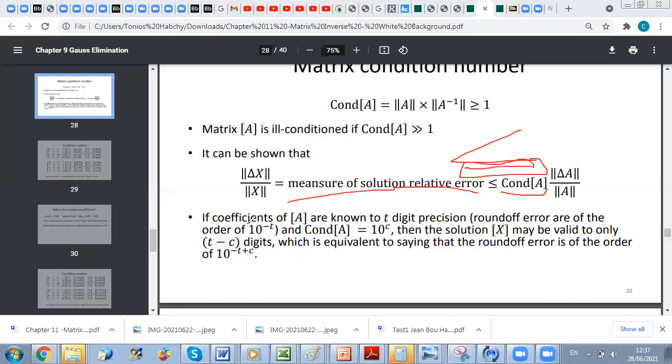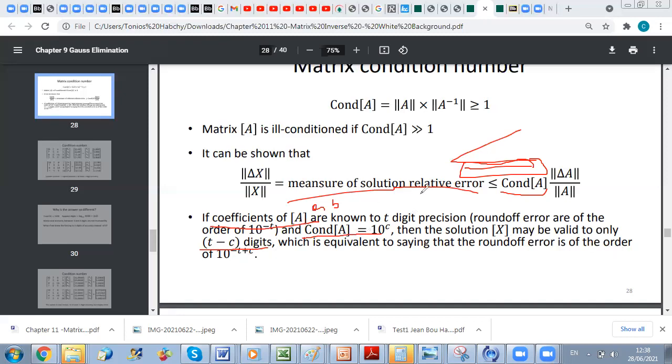So the general rule: if coefficients of A and B are known to T digit precision, so the round-off error is of the order of 10 to the minus T, and the condition of A is calculated and can be written as 10 to the power C, then the solution X may be valid to only T minus C digits, which is equivalent to saying that the round-off error is of the order of 10 to the minus T plus C.